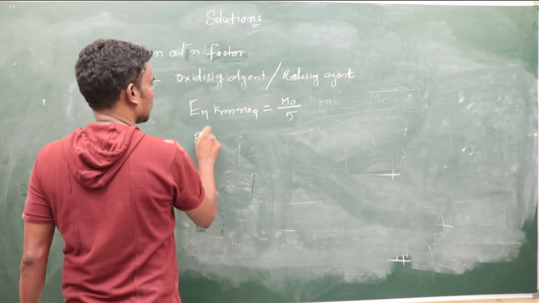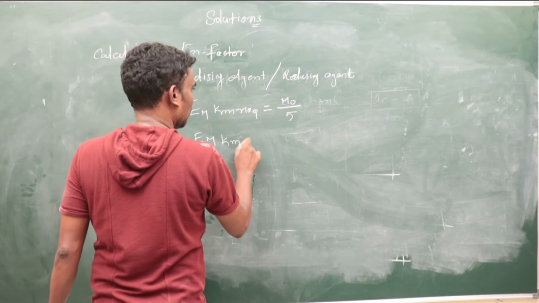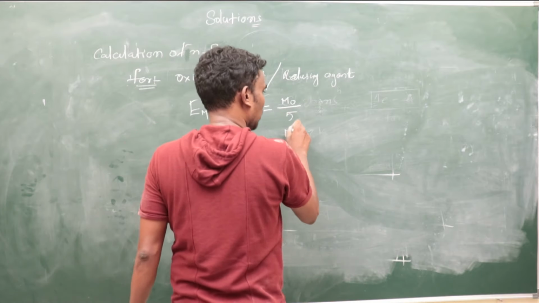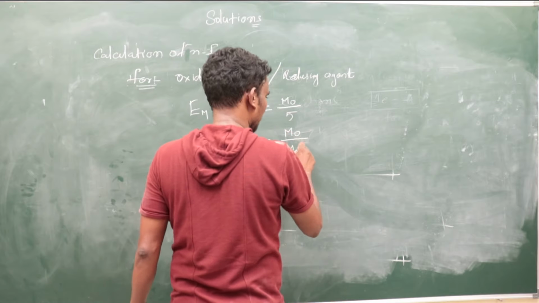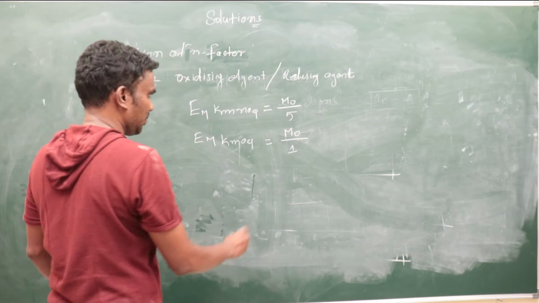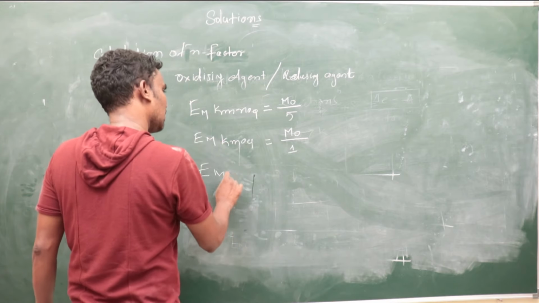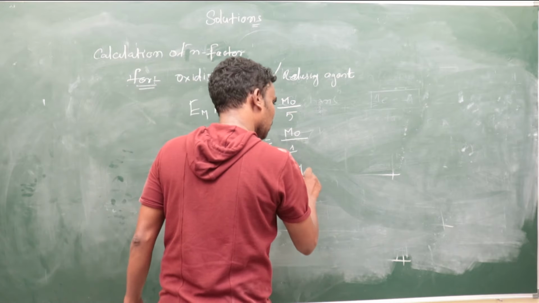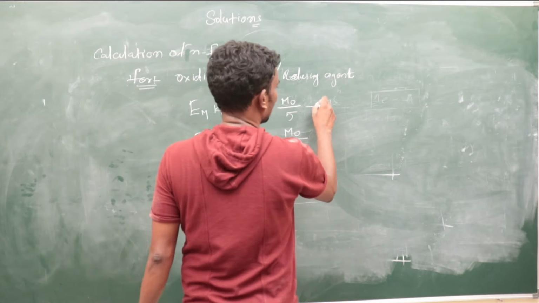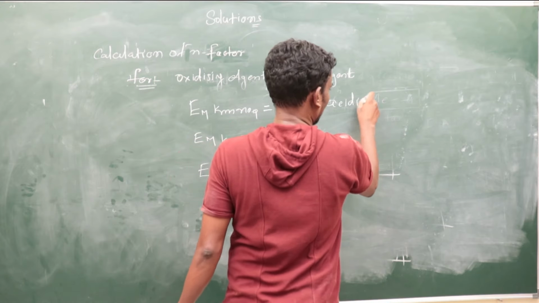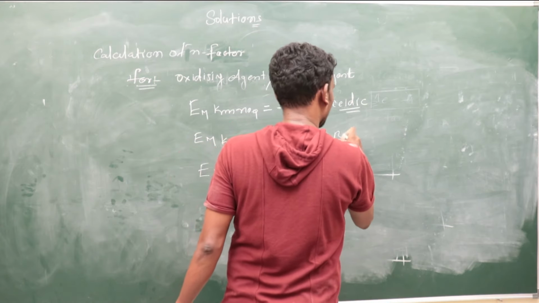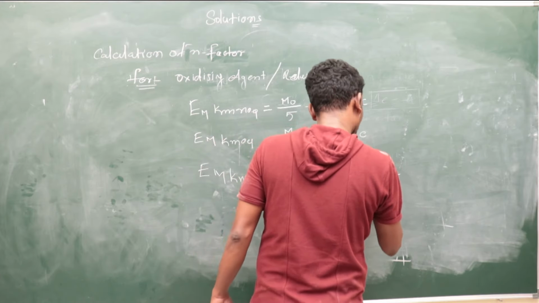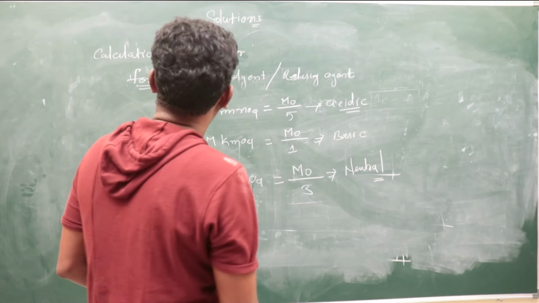Equivalent mass of KMnO4 in basic medium is molecular mass by 1. Equivalent mass of KMnO4 in neutral medium is molecular mass of KMnO4 by 3. This is about acidic medium, this is about basic medium, and this is about neutral medium. So this is about the n factor calculation.